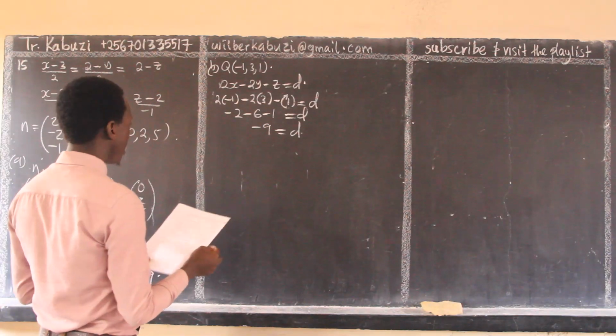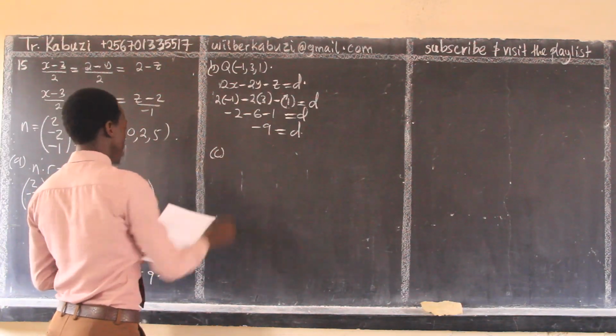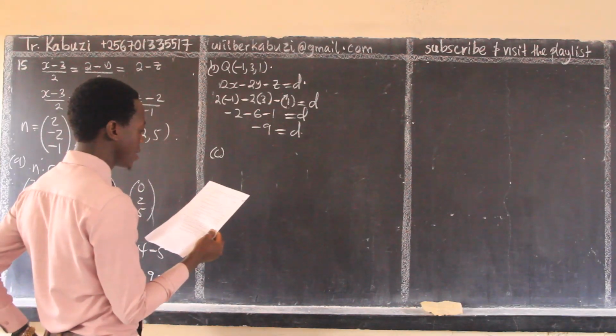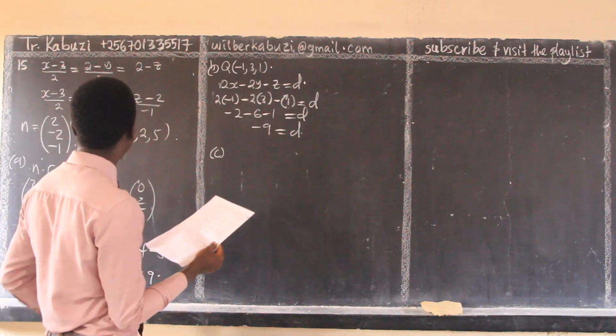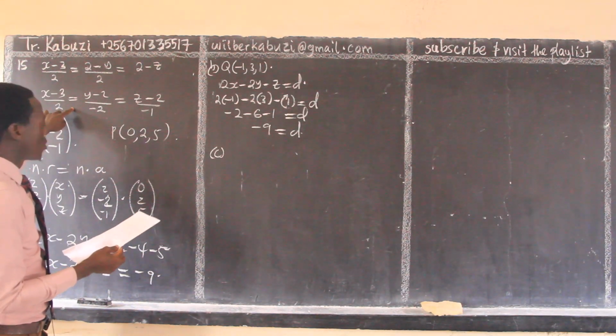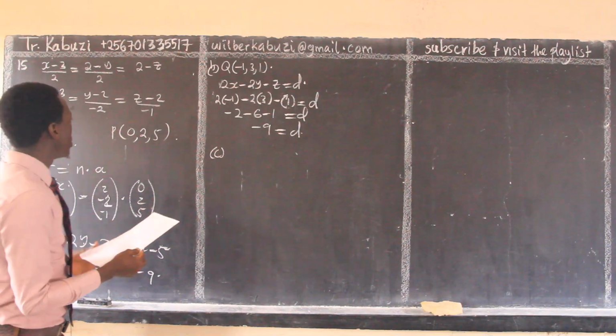Then part C, they want us to get the coordinates of the point R where T intersects with the plane. Now our T is this line. First of all, we get the vector equation of that line.